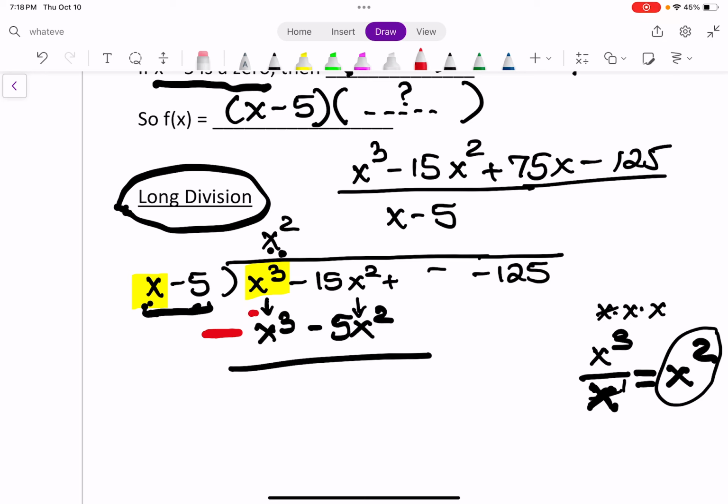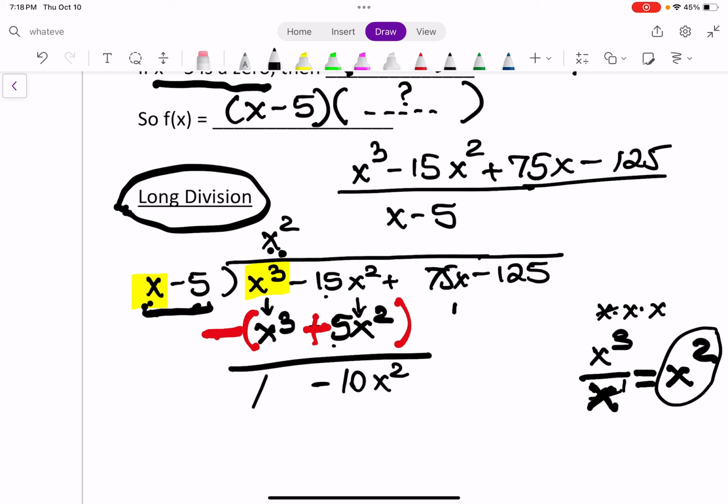You're not just subtracting the x cubed, you have to subtract this whole polynomial, so all signs have to be changed. You get a negative x cubed and minus 5x squared, which turns into a plus. These front terms cross out because x cubed minus x cubed is nothing. Negative 15x squared plus 5x squared is negative 10x squared.